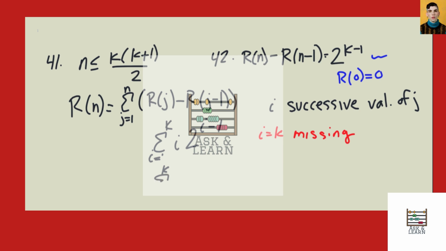So we get the sum from i equal to 1 to k of i times 2 to the power of i minus 1, minus, okay, then we get the triangular number, minus n, times 2 to the power of k minus 1.